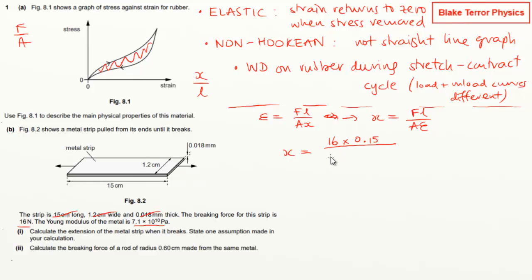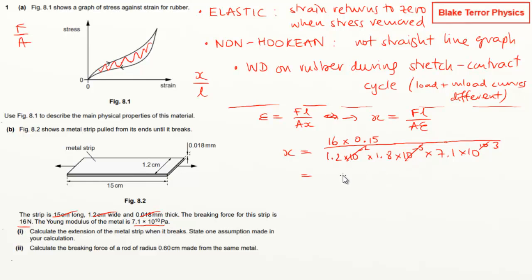So we've got the area, 1.2 times 10 to the minus 2 multiplied by 1.8 times 10 to the minus 5. Then we've got Young's modulus, which is 7.1 times 10 to the 10. Okay, so we can deal with some of these tens: minus 7 off of there makes that a 3.